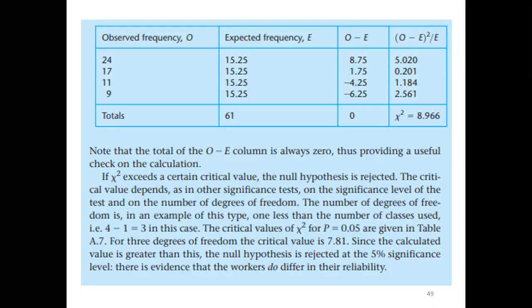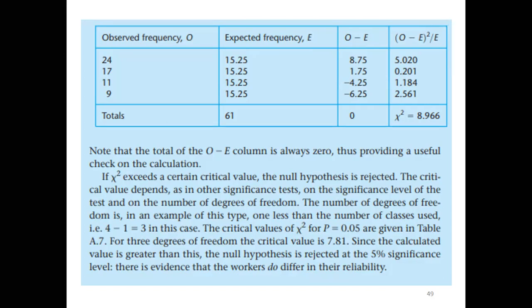That means we cannot conclude that the workers are reliable, because they are breaking glassware in different ways, and that is not the expected values. So we cannot tell that the workers are reliable, and because this chi-squared value is greater than the critical value, we have to reject the null hypothesis.